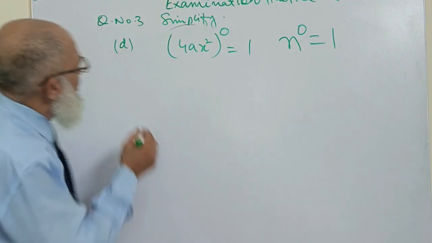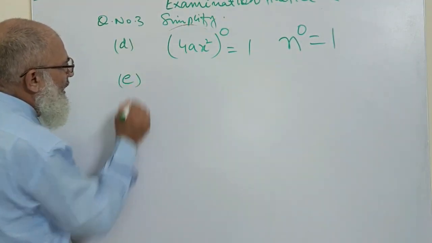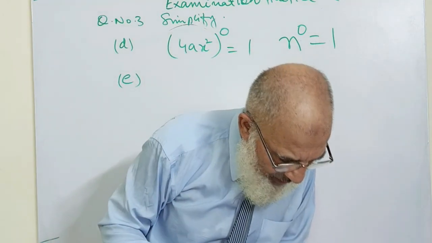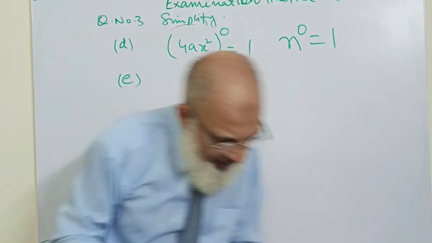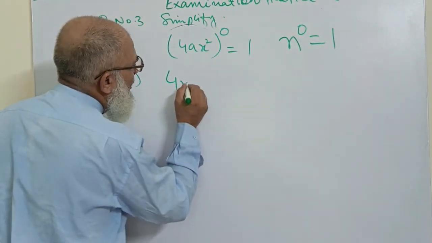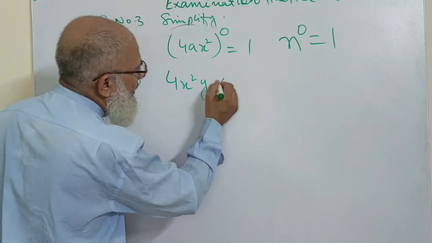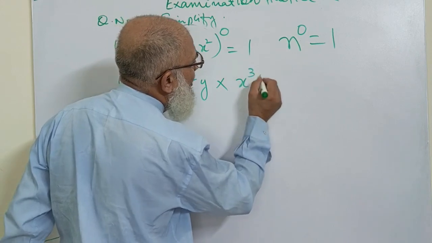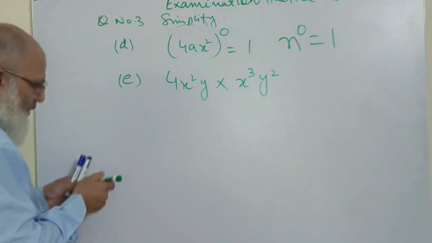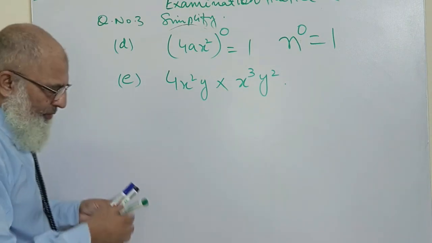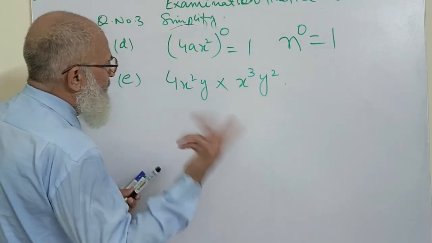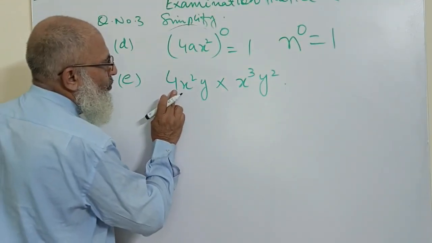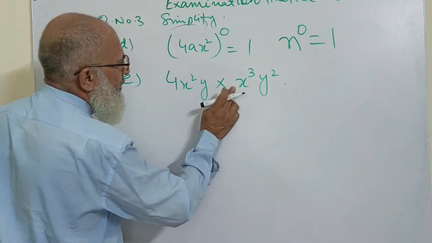Part E of the same question. I am trying to solve each and every question because this is a matter of examination. 4x square y is multiplied by x cube y square. So again you see, like the last part I did before erasing this board, the coefficient will be multiplied with this coefficient.